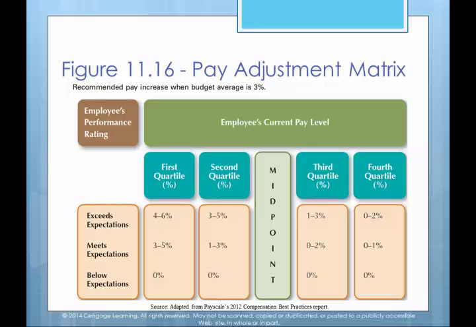The bottom line is that the whole function of compensation is, as you are performing and gaining your skills, you're getting more and more compensation to get you to the midpoint, because then you're fully competent in your job. And then as you go over the midpoint, those increases become smaller because we don't want you to go over the range. It's a hard concept to swallow.